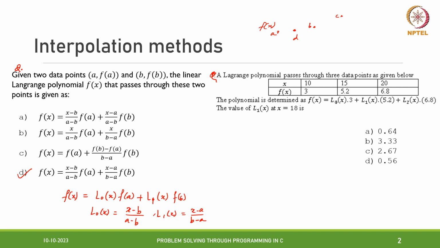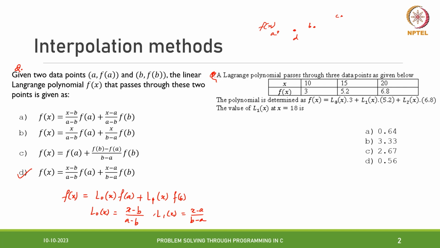Here we know the values of the function f of x at x equals 10, 15, and 20. The respective values are given, and the polynomial can be defined in a similar manner: L0 of x into 3 plus L1 of x into 5.2 plus L2 of x into 6.8. Now the question asks what is the value of L1 of x at x equals 18.